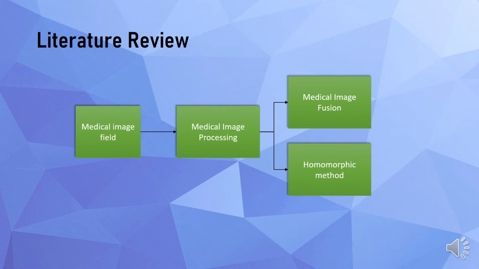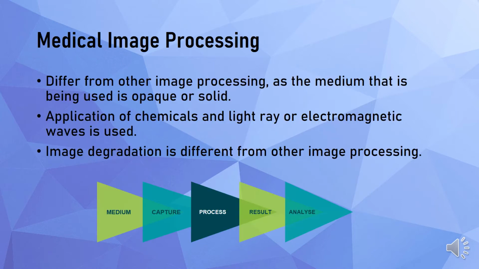In terms of the literature review, we'll cover the medical image field, medical image processing, fusion, and homomorphic. Medical image processing mostly differs from other image processing as the medium being used is opaque or solid. It's basically the human body.